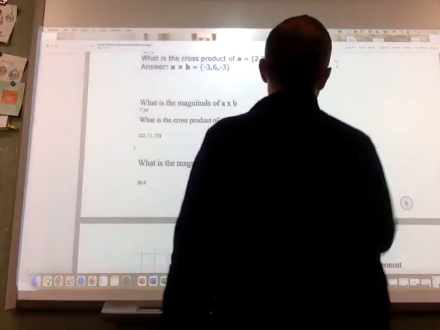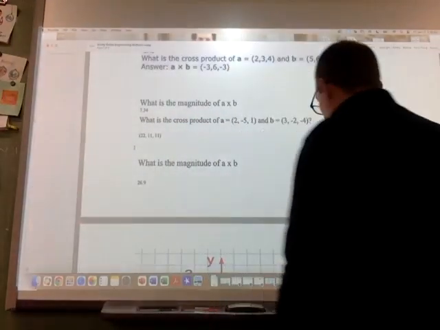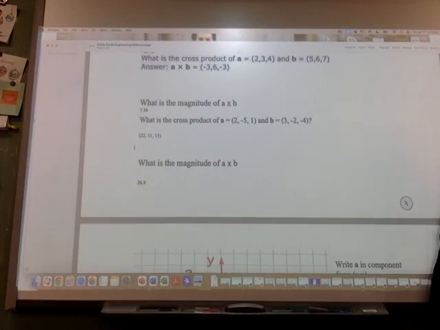All right, so they can also give these vectors to us in our coordinate form. So if I have A is 2, 3, 4, that's the same as 2i hat plus 3j hat plus 4k hat.